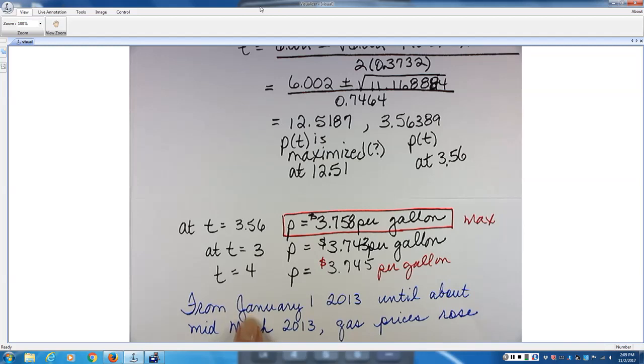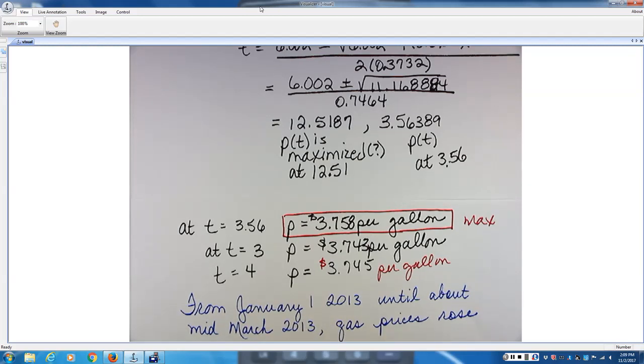So from January 1, 2013 until about mid-March 2013, gas prices rose.